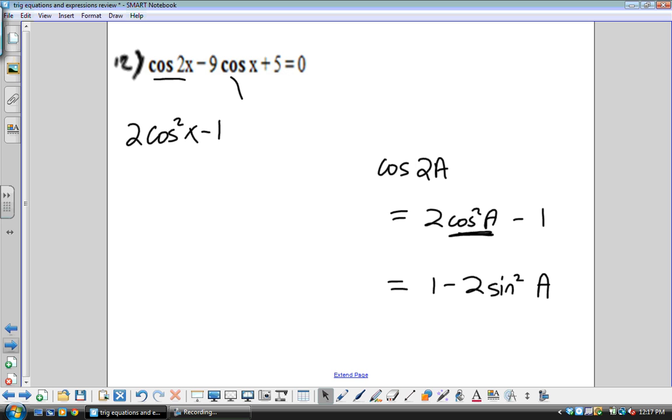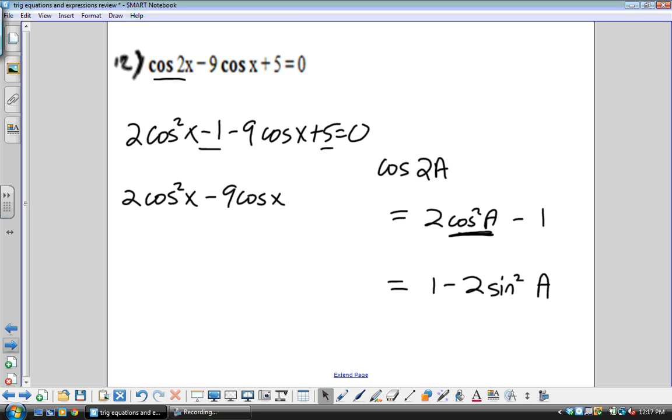Now let's just bring down the rest of it there. So minus 9 cosine x plus 5 equals 0. Now I'll combine some of my like terms here. I have a negative 1 and a 5. So negative 1 and 5 would be 4.